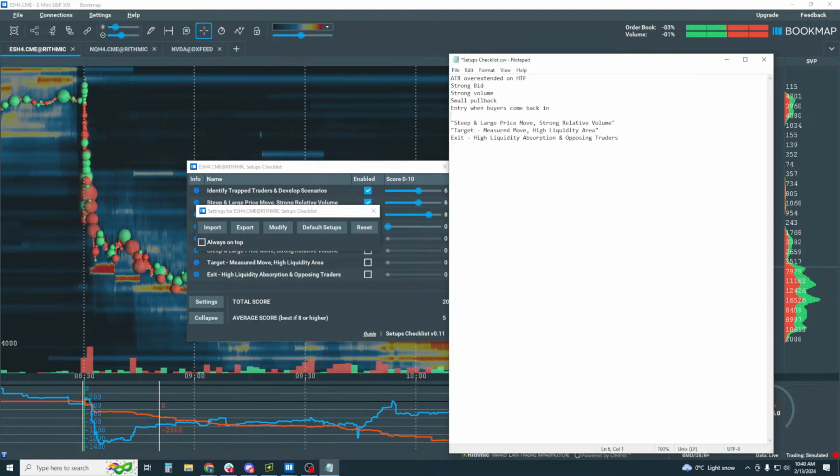This puts stop loss below the swing. Take profit, front run, high liquidity, and market structure.